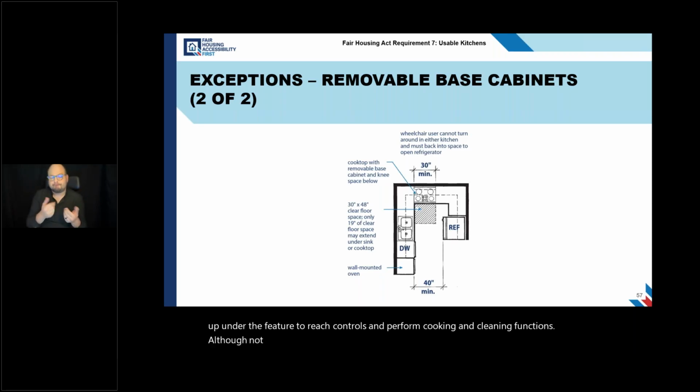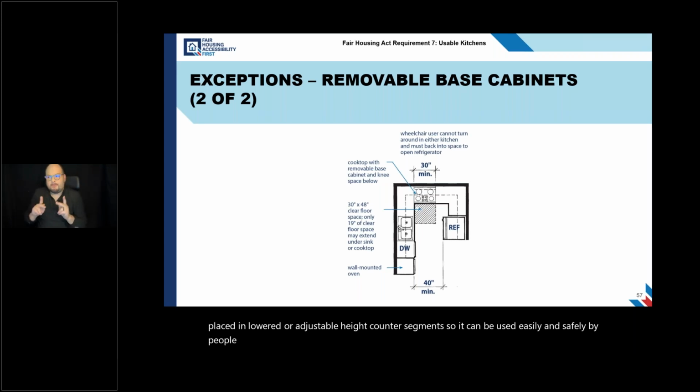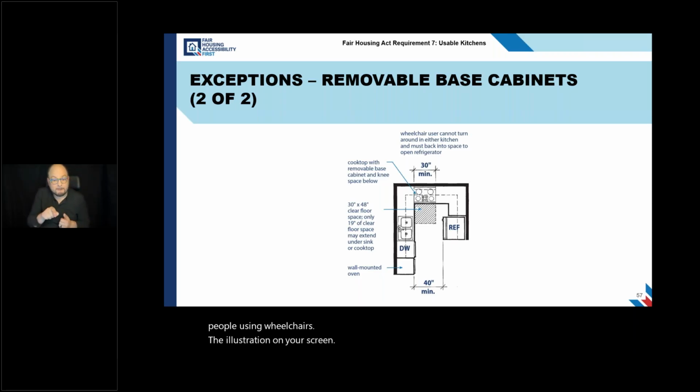Although not required, if a cooktop is provided with knee space below, it is suggested that it be placed in lowered or adjustable height counter segments so it can be used easily and safely by people using wheelchairs. The illustration on your screen shows a cooktop at the base of a narrow U-shaped kitchen where a range is typically not allowed except when there is knee space.